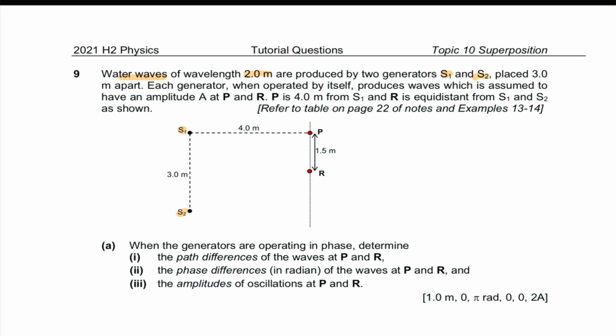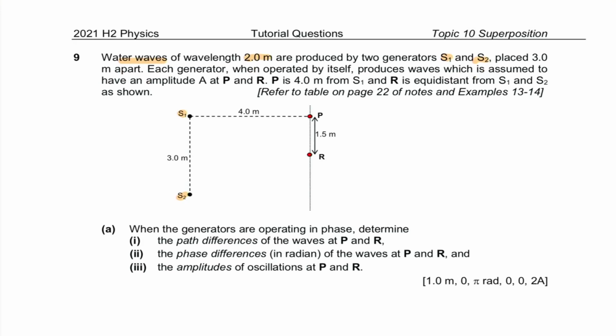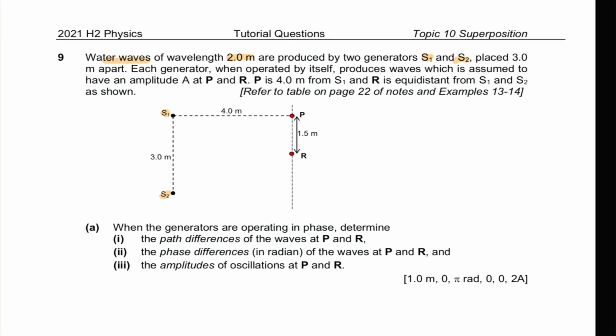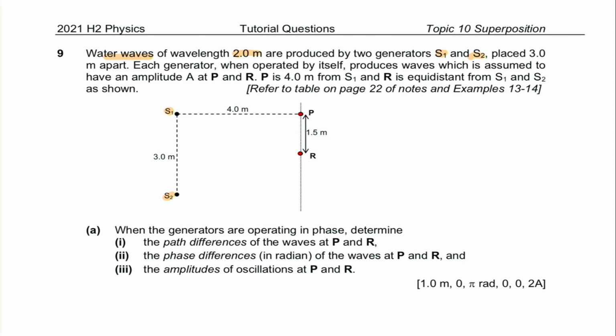Then we have some distances. We have this distance is 4 meters and this distance is 3 meters. So you need to work out the path differences of the waves at P and R. To work out path differences, we need to write down our paths first. So for P, let me write it down on the top here.